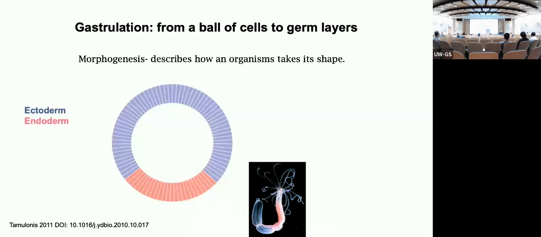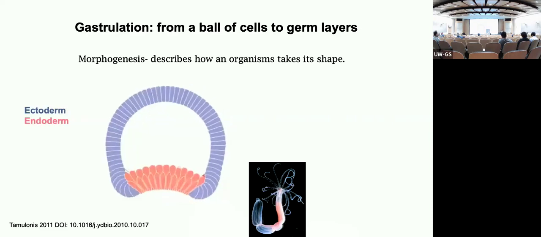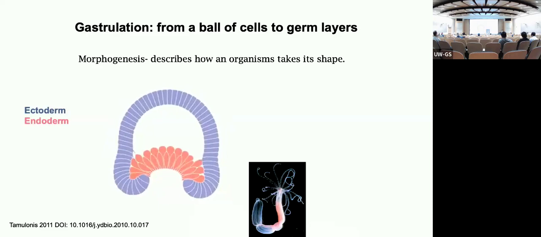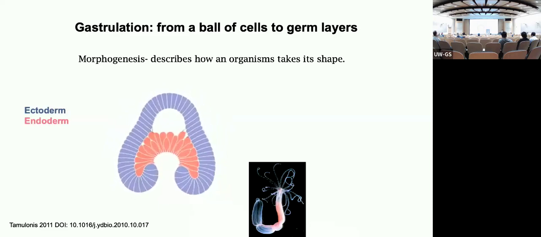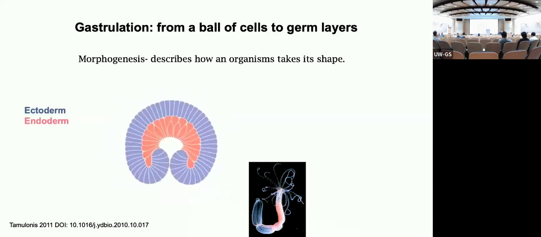But early on, it is essentially just a ball of cells, and some of those cells end up internalizing into the embryo. You can imagine you have a balloon and you're sticking your fist through the balloon, and cells are moving inside. This movement of cells of the endoderm, in pink, going inside is the process of gastrulation.